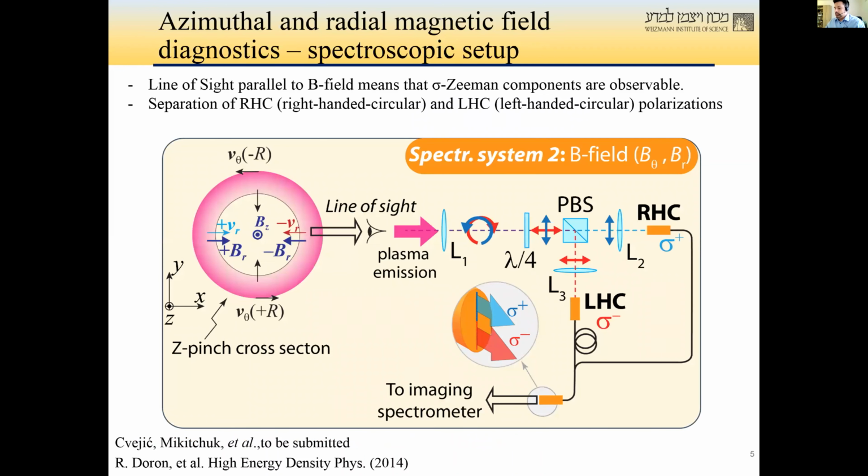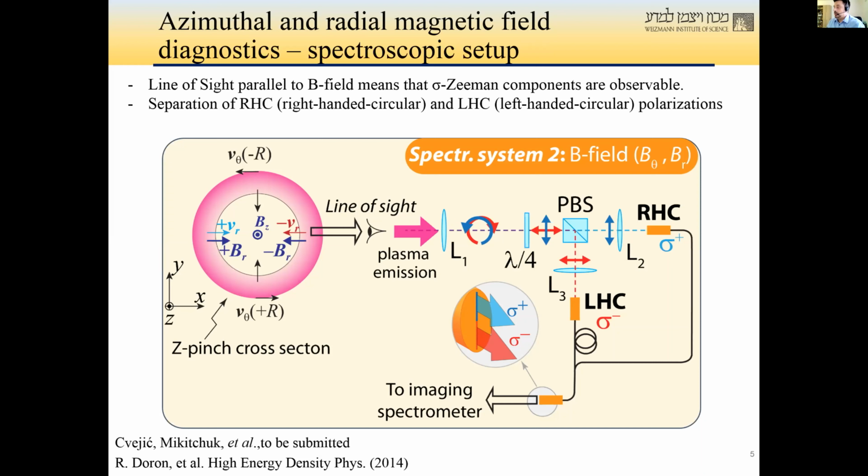So to measure BR, we have a spectroscopic setup, and this spectroscopic setup for BR determination is basically the same as for B theta measurements. It can separate the left and right hand circularly polarized plasma emission due to the Zeeman effect using the quarter wave plate and the polarizing beam splitter. The plasma emission is first focused, then the quarter wave plate converts the right and left circularly polarized plasma emission to orthogonal linear polarizations.